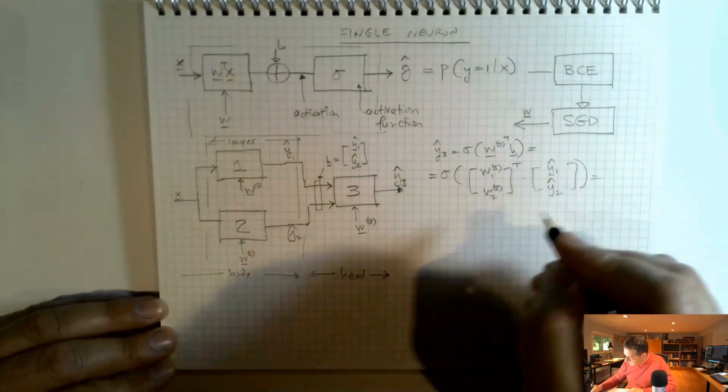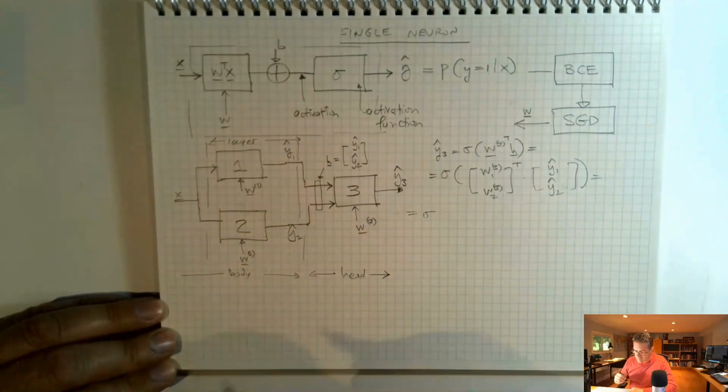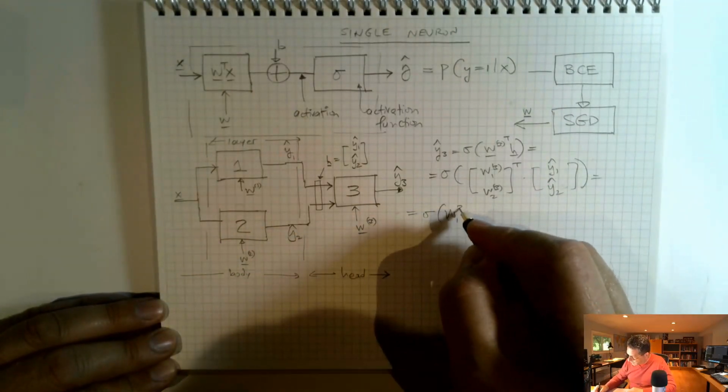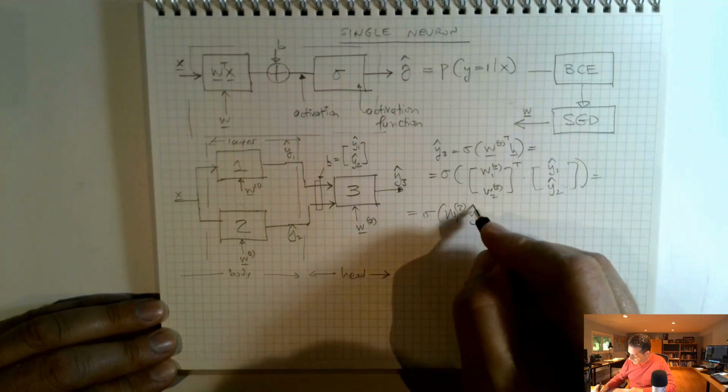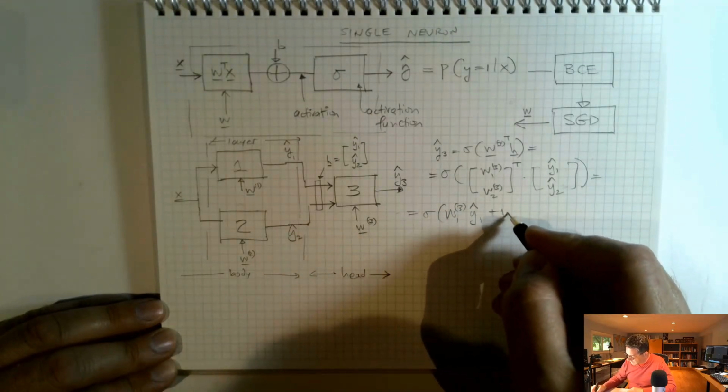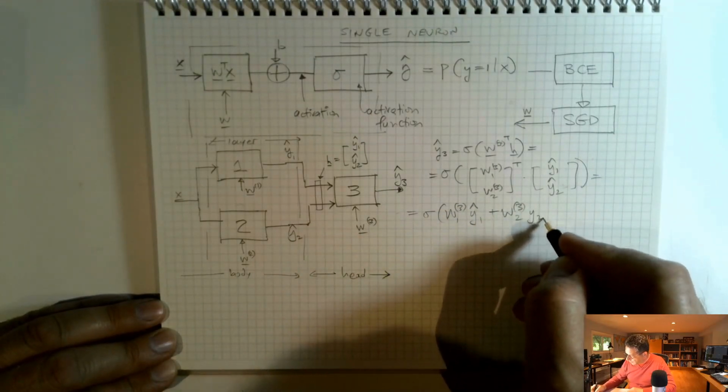And this is now sigma of w1 3 y1 hat plus w2 y2 hat.